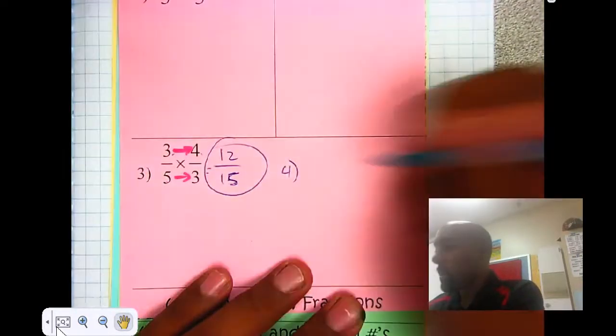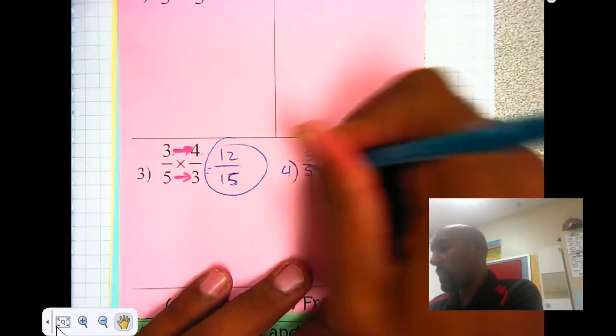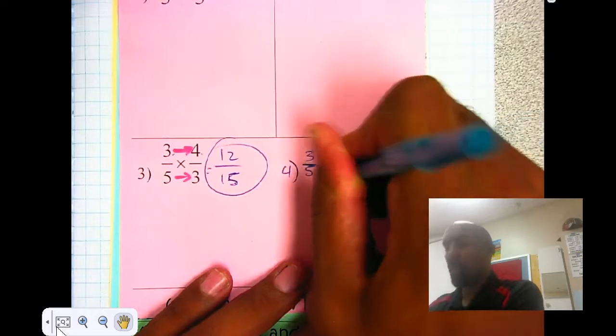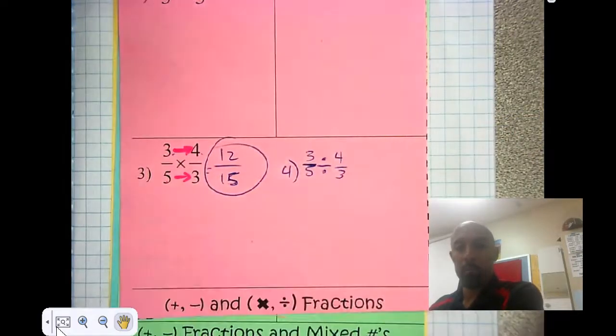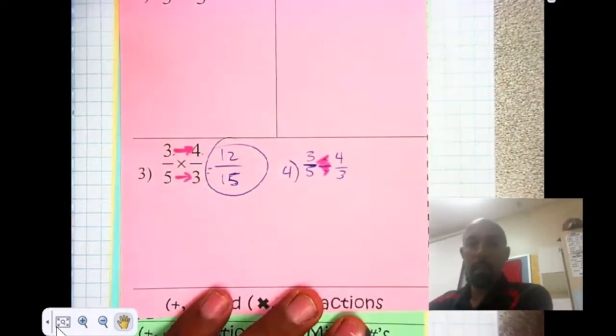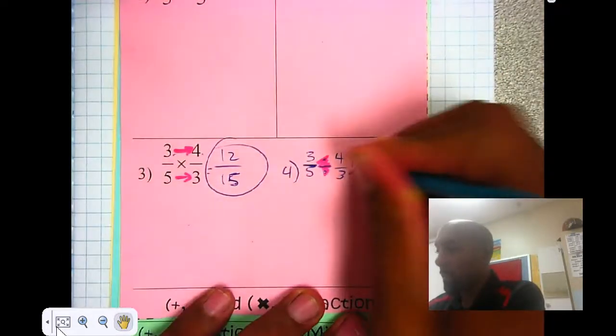Okay? Now, what if that was the same problem? Let's do number 4. Same numbers, but now divide. Okay? You try this one. Pause the video. You try. Okay? Now remember, if we have divide, that means I need to flip first.